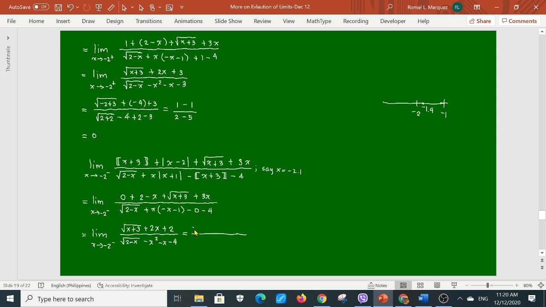So this is square root of negative 2 plus 3, so going to be positive 1. This is negative 4. And then positive 2. What about this? The limit is square root of 2 minus negative 2, so going to be square root of 4, which is equal to positive 2, no?